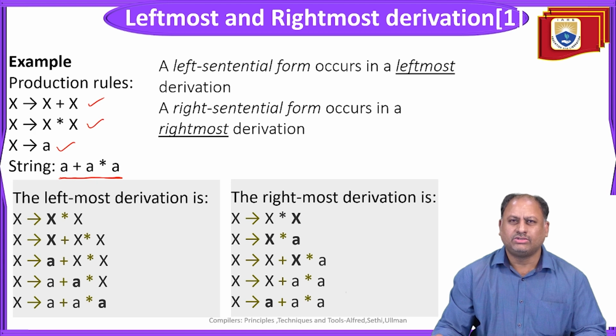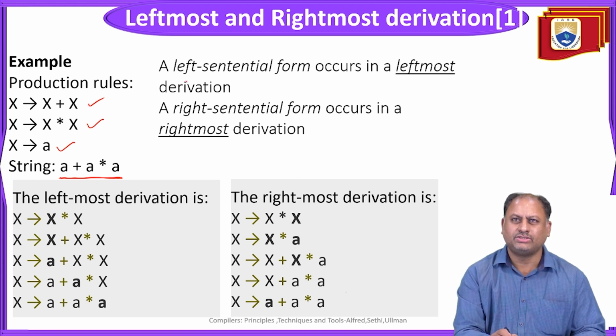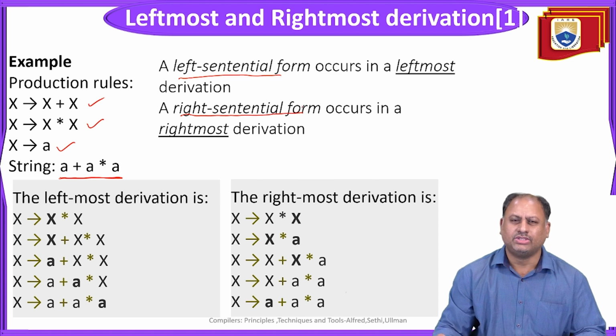According to the leftmost derivation, in a left sentential form all the non-terminals are substituted left to right only. Whereas in rightmost derivations, the non-terminal at the rightmost place is replaced, giving right sentential forms.